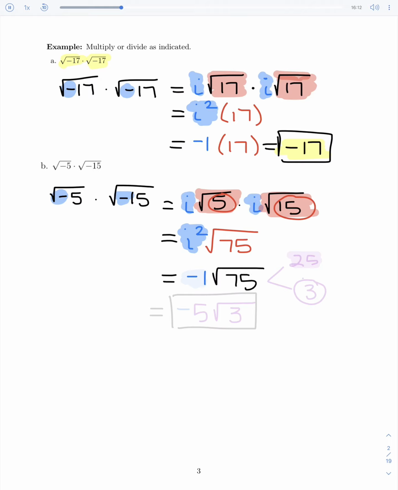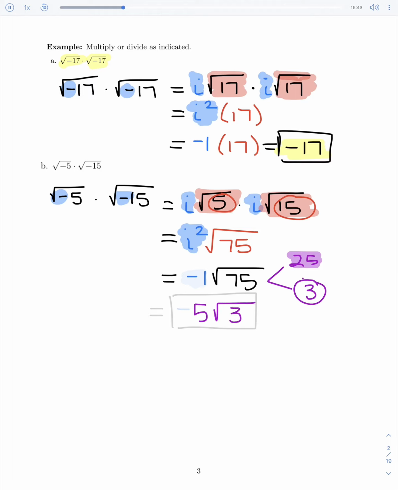The question is, can I break that down any further to help me out? Well, I can break the 75 into 25 times 3 so that I can take the square root of the 25. The square root of the 25 will come out as a 5, and then the 3 will stay inside.